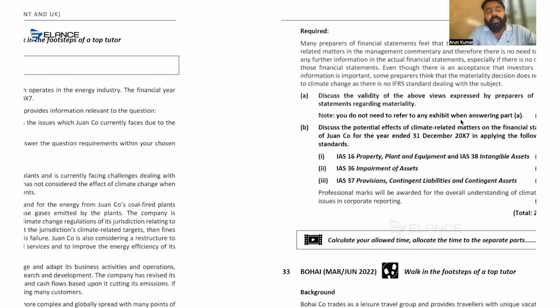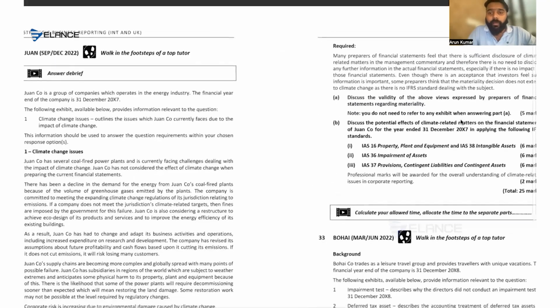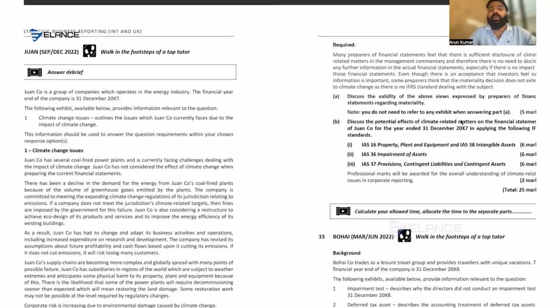So as a preparer, even though it is not required right now, we have to give some extra information through our other reports such as management commentary or sustainability reporting. We can mention these climate issues through our other reports apart from the FS. Even though the standard does not specifically require you to disclose it, we have to do it as an ethical duty.